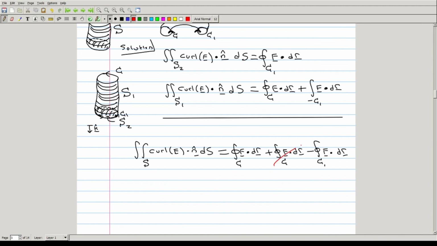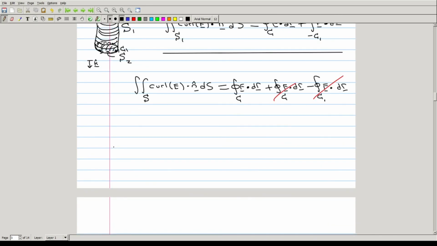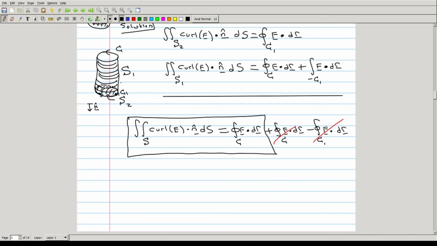So we get a cancellation here. And what we're left with is exactly what I said before. This is the general Stokes theorem, even if we have a piecewise defined surface S, as long as all of the conditions are satisfied.